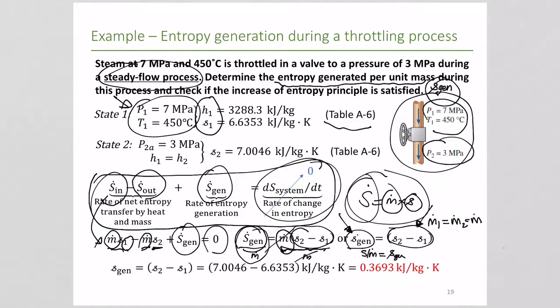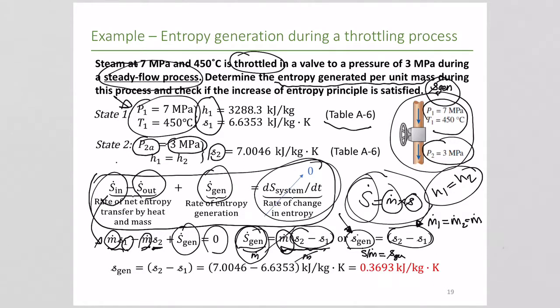Remember, it is important to read entropy and enthalpy here at the same time, because first we need entropies for solving the problem. And we need enthalpy because in a throttling valve, if you remember, the inlet enthalpy is equal to the exit enthalpy. This condition is important because at the exit, where the pressure is given to you, you need another property to be able to look at the tables and figure out the entropy.